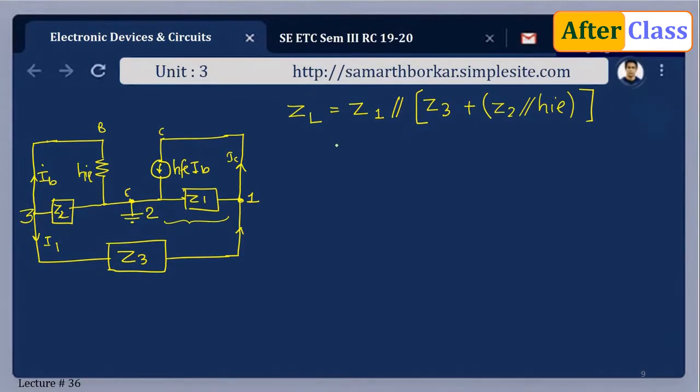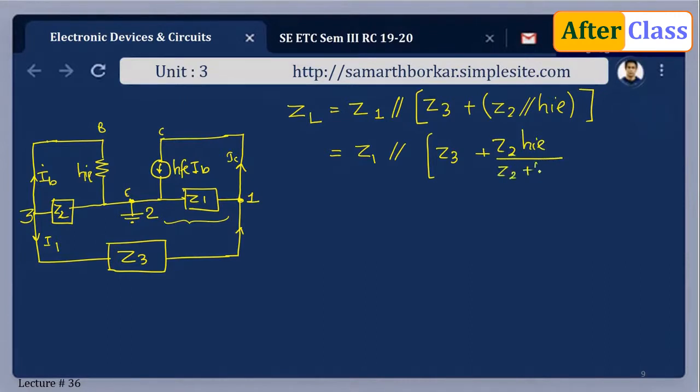So now let us simplify this. Z1 in parallel with Z3 plus Z2 into HIE upon Z2 plus HIE. R1 in parallel with R2 is R1 R2 upon R1 plus R2.